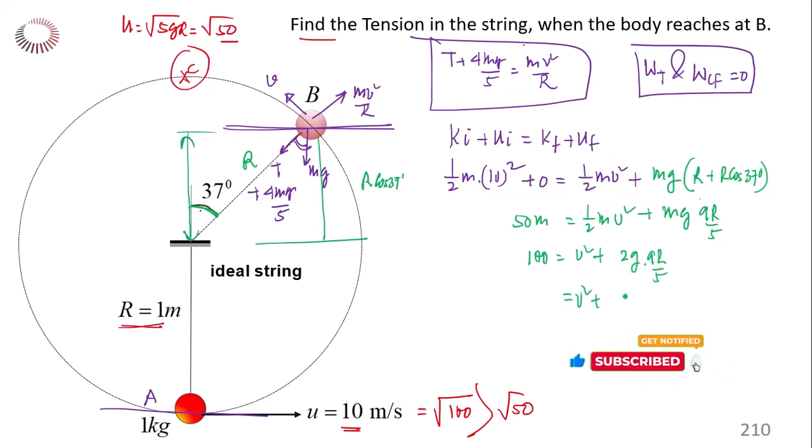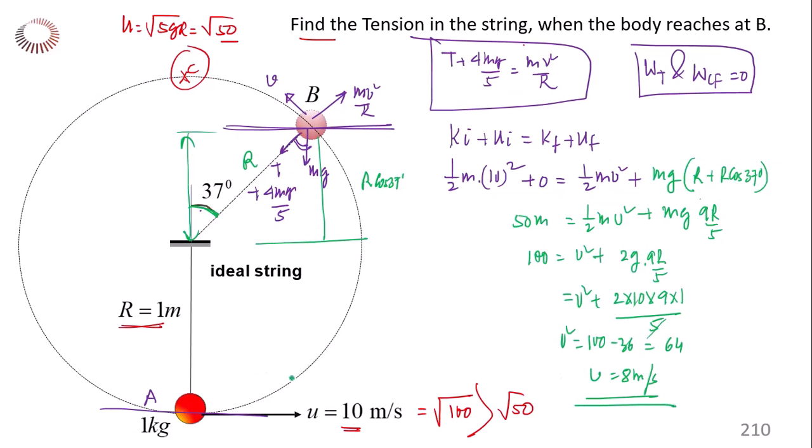So v square plus 2 into 10 into 9 into 1 by 5: 5 into 10 means 2, 2 into 4... 4 into 9 means 36. So v square plus 36 equals 100. So v square becomes 100 minus 36, that means 64. So v becomes 8 meter per second.